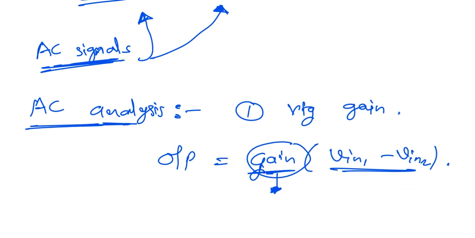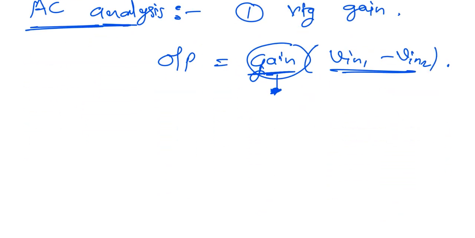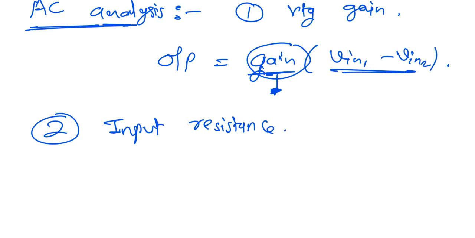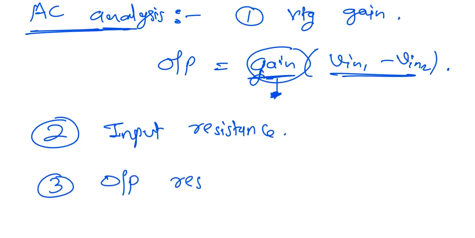Basically we have to see on which terms the gain depends, and by deriving the expression we will come to know. The second thing we will obtain by AC analysis is the input resistance, and the third thing is the output resistance expression.